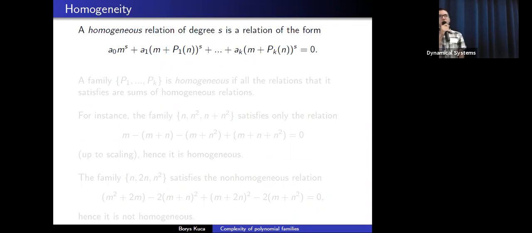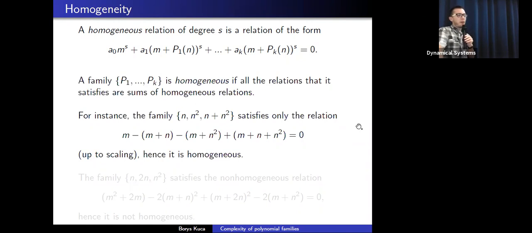To state my result, I need to discuss one special family of algebraic relations, and these are homogeneous relations. So a homogeneous relation of degree S is simply a relation of the following form. It's a linear relation between the S powers of the polynomials m plus p1n, all the way up to m plus pkn.